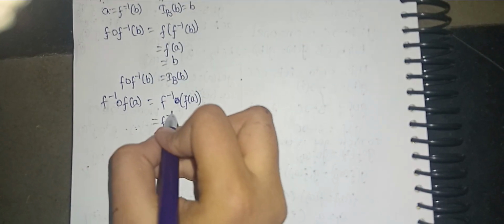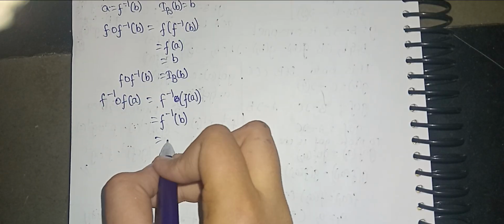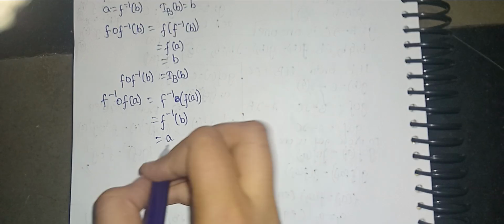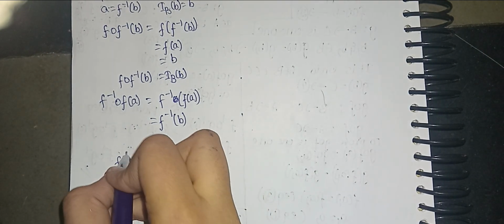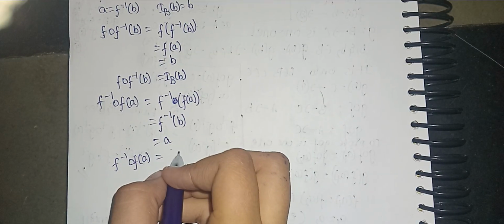What is f of a? b. What is f inverse b? a. Means f inverse circle f of a is equal to, what is a? IA of a is a.